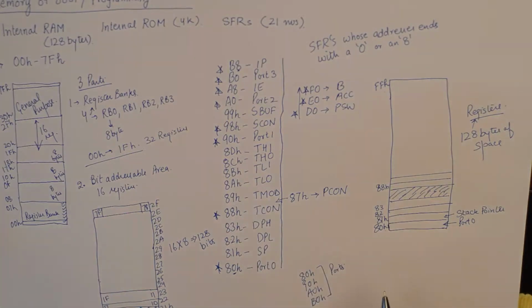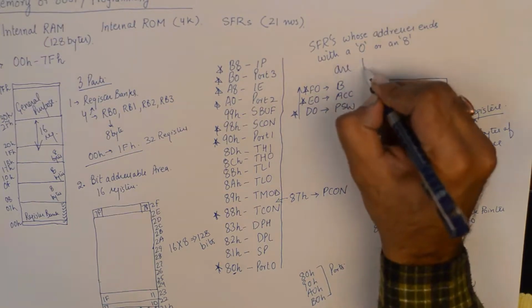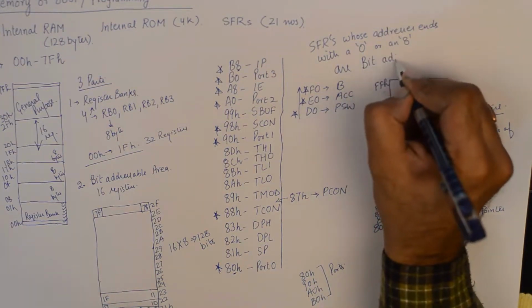Alright, I think I've marked all the registers which are ending with an 8 or a 0. Now all these registers which are marked with a star are bit addressable.